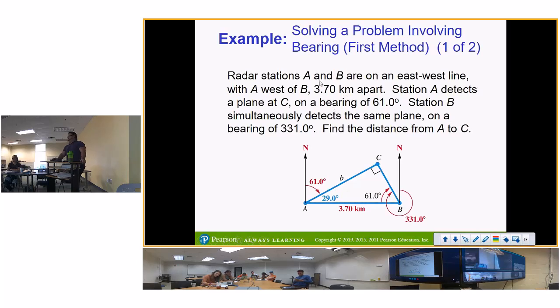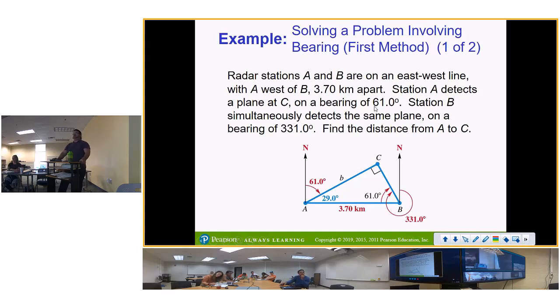Radar stations A and B are on an east-west line. That tells you that that's 90 degrees from the north, okay? With A west of B, 3.7 kilometers. Nobody uses kilometers. The rest of the world uses kilometers, but the U.S. doesn't. We use miles. But anyway, 3.7 kilometers.